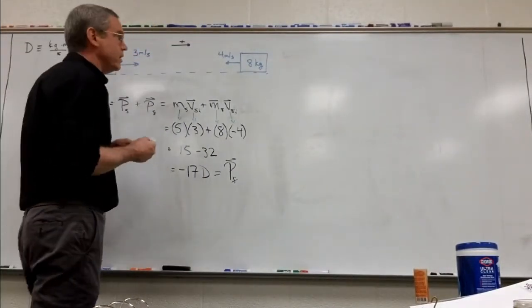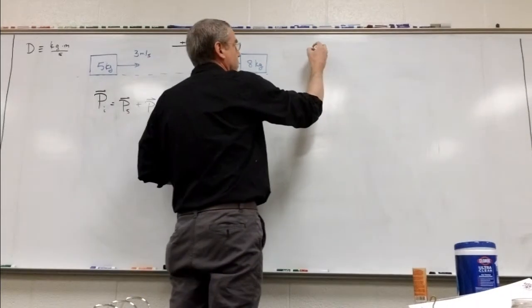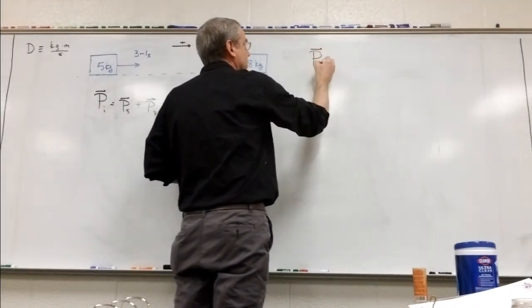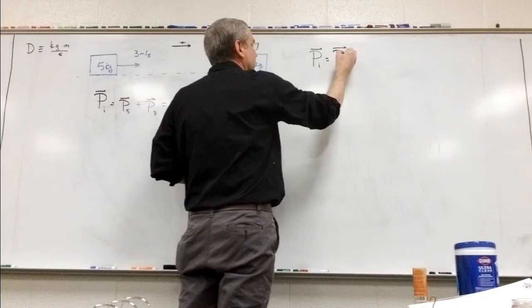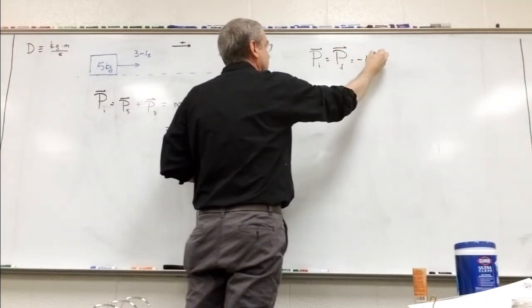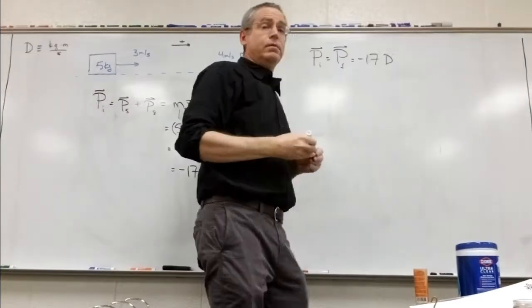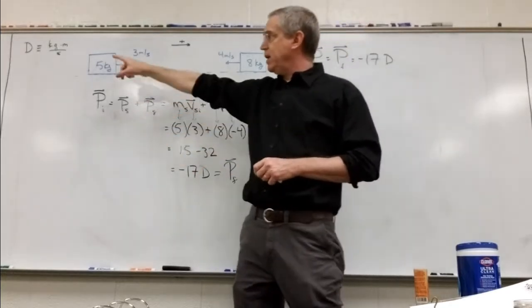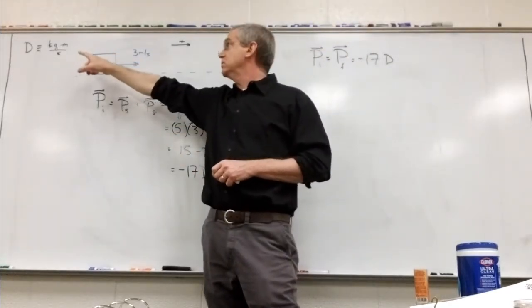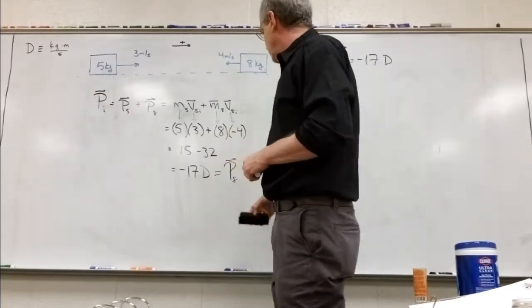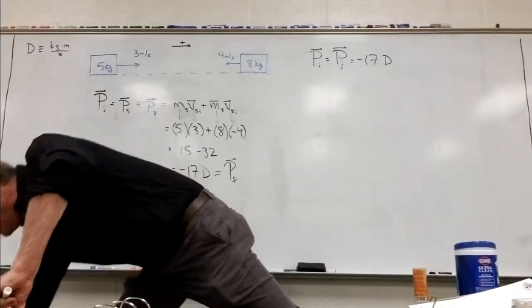I am going to write over here just so that I can refer to it later. So the momentum initial is equal to the total momentum final, which is equal to -17 Descartes. And again, as mentioned in the last video, I need to define it, and it's still written up in the upper left-hand corner. So now let's erase.